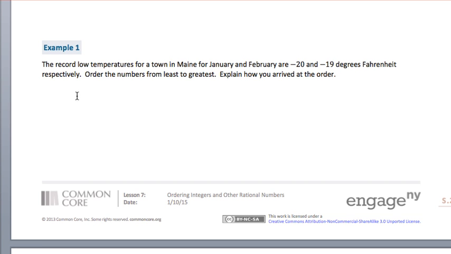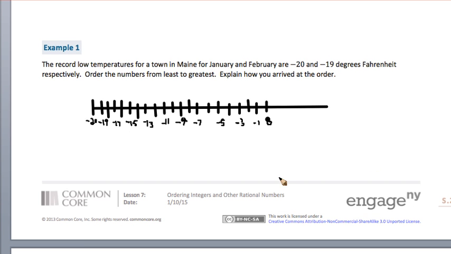So if I think about a number line, and I remember that I have 0 in the middle of a number line, and then I order my numbers, I would get to negative 19 first and then negative 20. But let's illustrate it just to be sure. When I draw my number line, I didn't consider any positive numbers here because we're only looking at negative numbers.